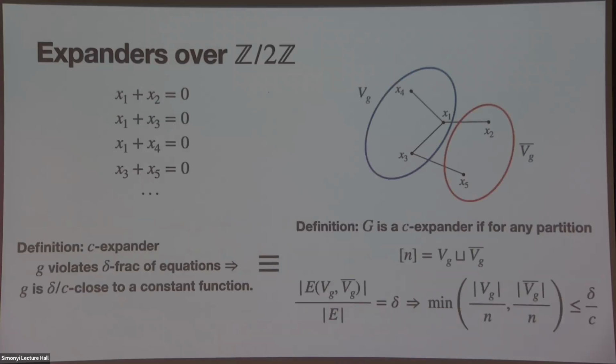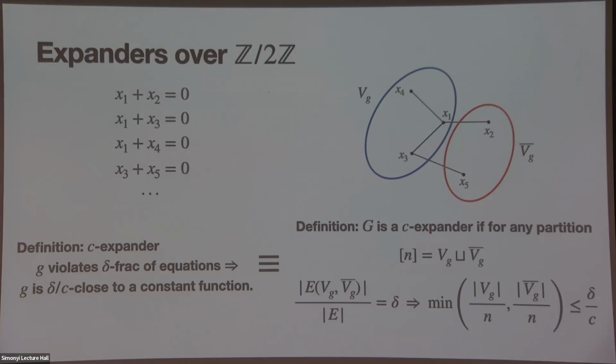Okay, so more commonly, we would call a graph an expander. So I'm here just to port this notion of C-expander into graphs. Instead of considering a g assignment of all the variables, we equivalently consider a partition of all the vertices into two sets, those that are assigned 1 and those that are assigned 0. Now when g violates an equation, it essentially means that there is an edge that connects vertices from the two different sides of the partition.